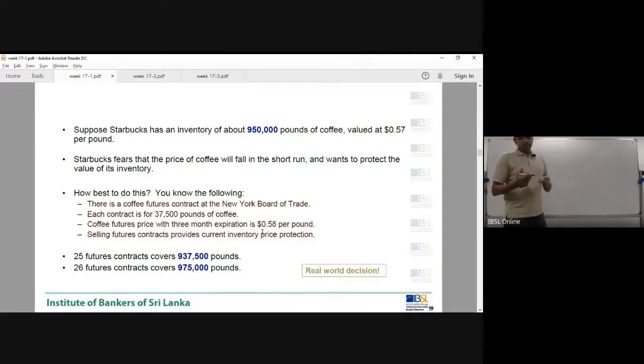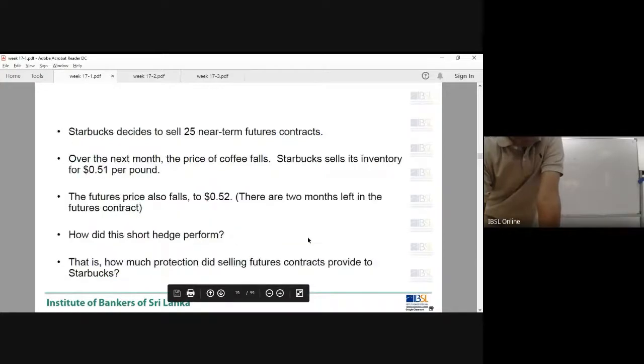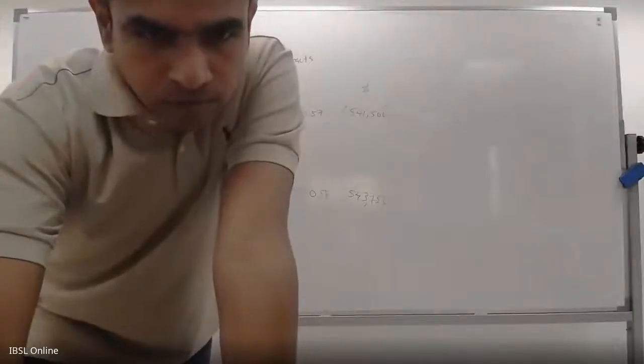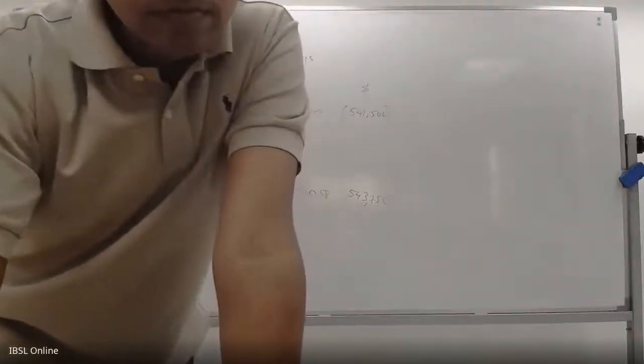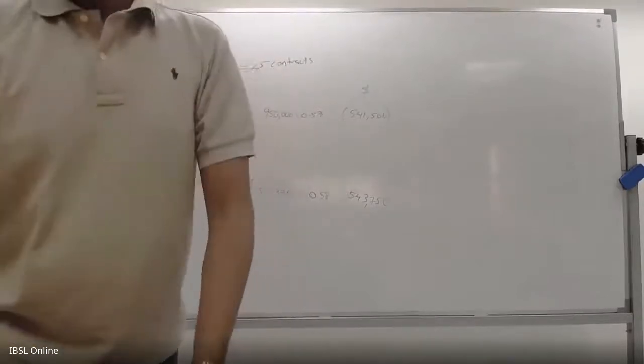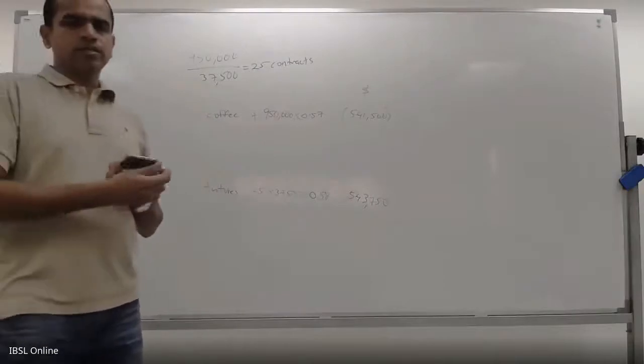So they sell 25 futures contracts. Right. So Starbucks has decided to sell 25 futures contracts.